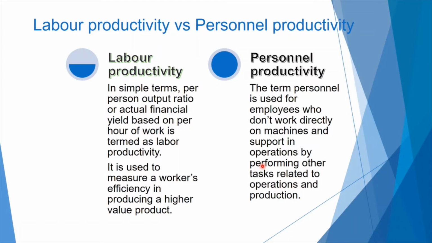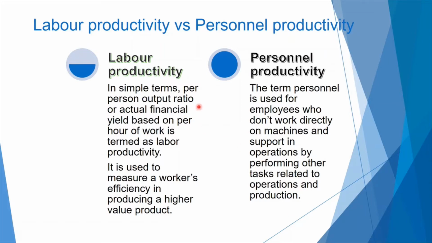On the other hand, the term personnel is used for employees who do not work directly on machines. It means some experts, who support operations by performing other tasks related to operations and production.